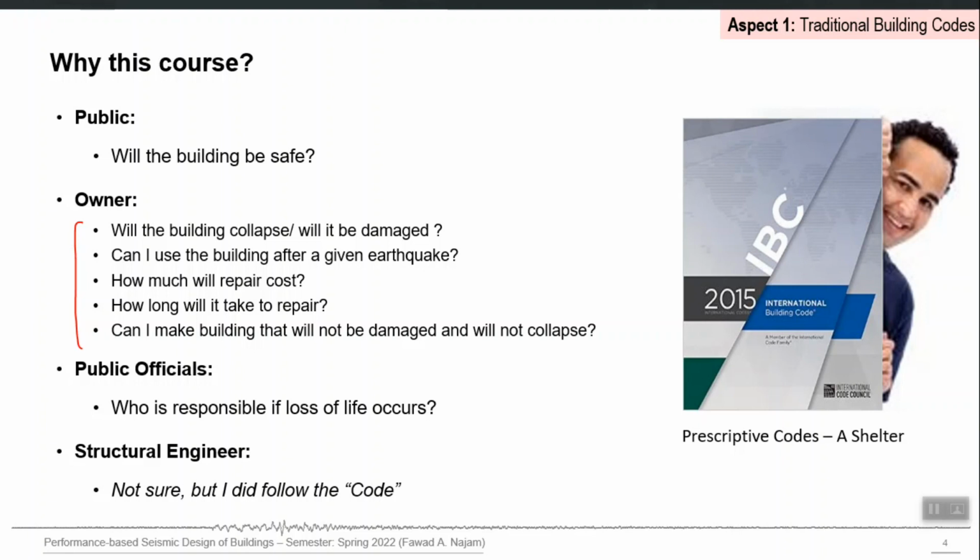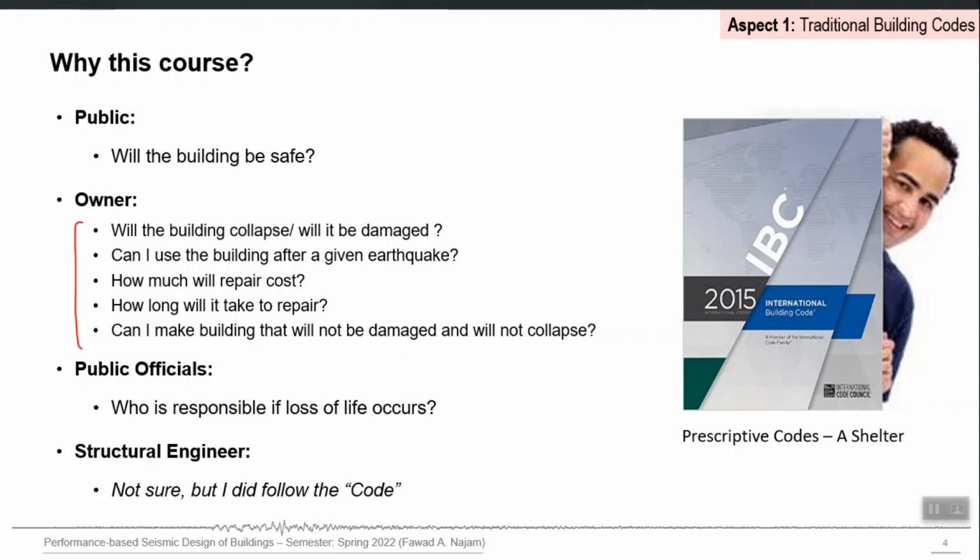Similarly, building officials ask a simple question: in case of any loss, who is the person responsible? The structural engineer can only say that I did follow the code, right. This is the only answer which you can give.